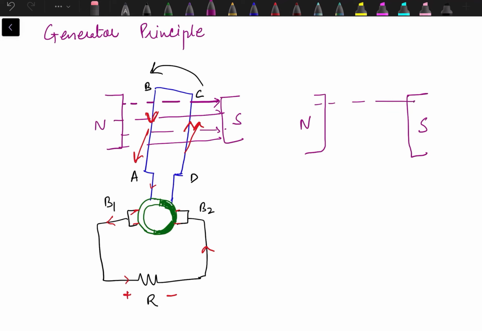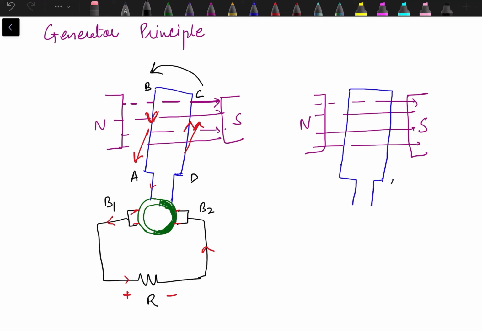Now after 180-degree rotation, what will happen? This will be A, this will be B, C and D. Now the commutator segment, which is the shaded one, is now connected with brush B1.